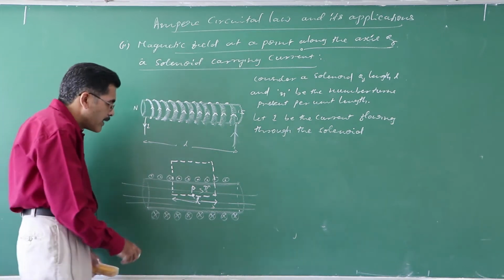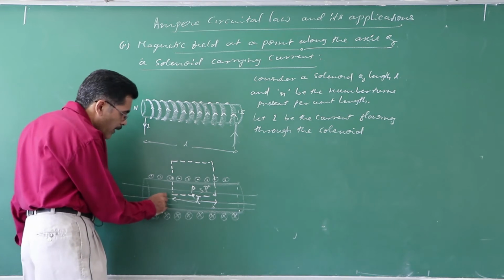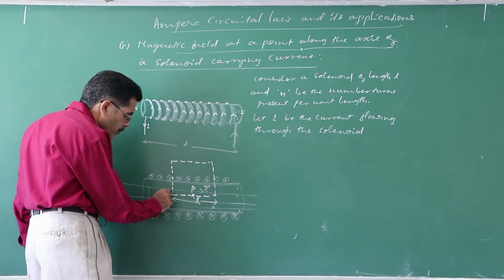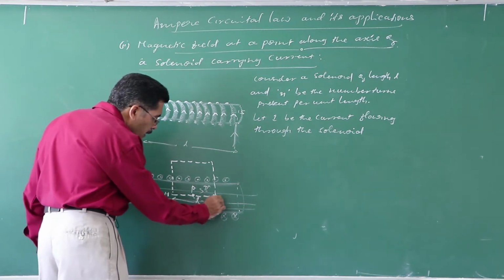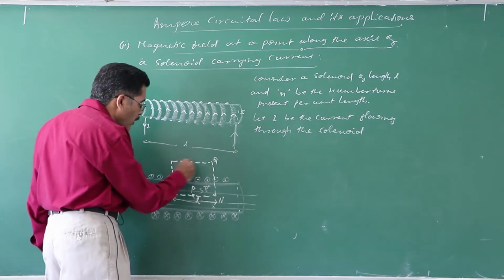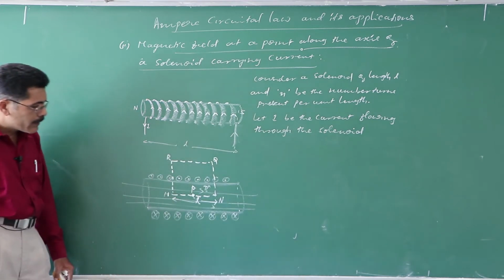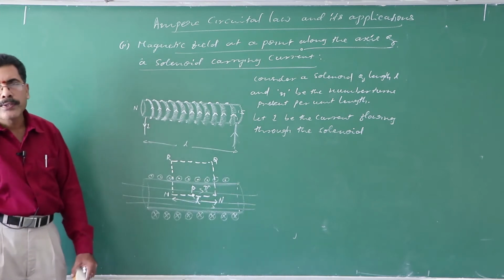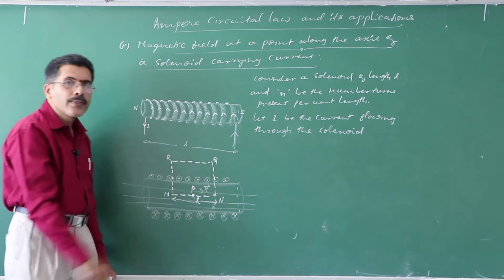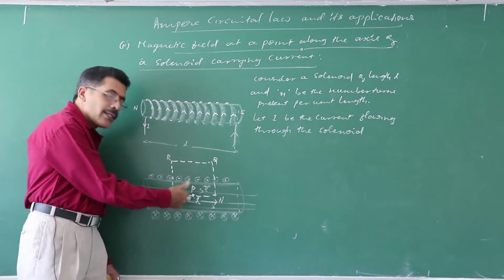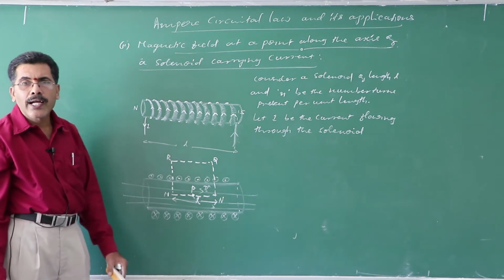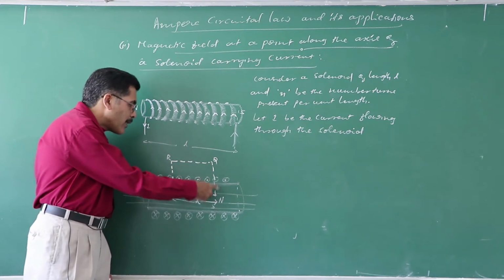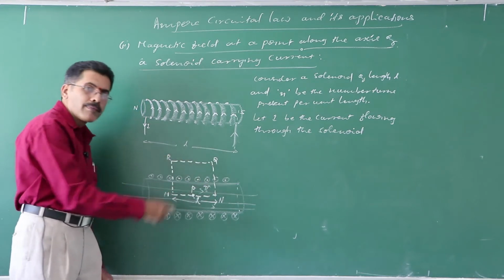I just take this loop as M, N, Q, R, M. See, this is the loop. Therefore, to determine the magnetic field due to this solenoid, I imagine the Amperian loop M, N, Q, R, M.